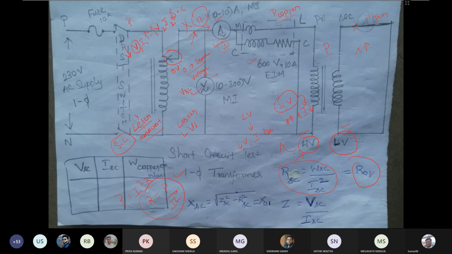That is given by R01. This is nothing but the series resistance. In the equivalent resistance, we are finding this detail.